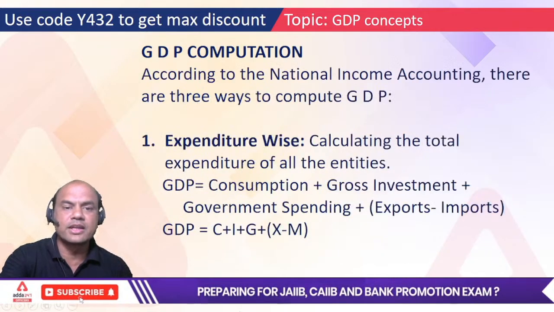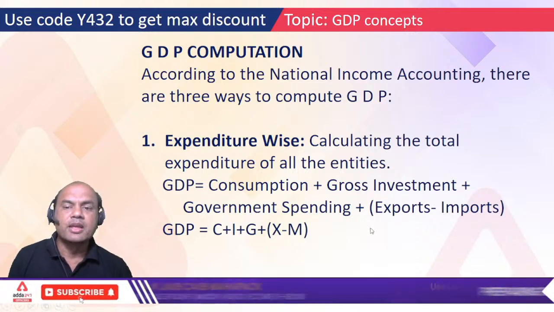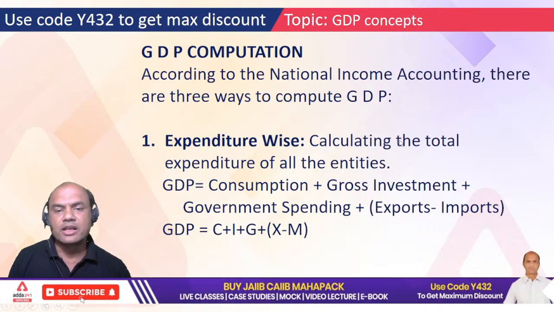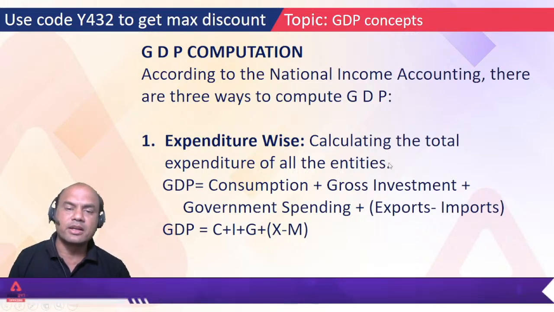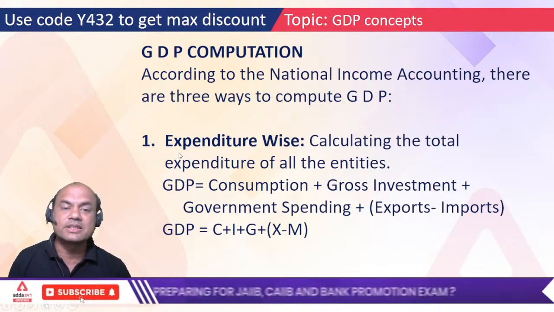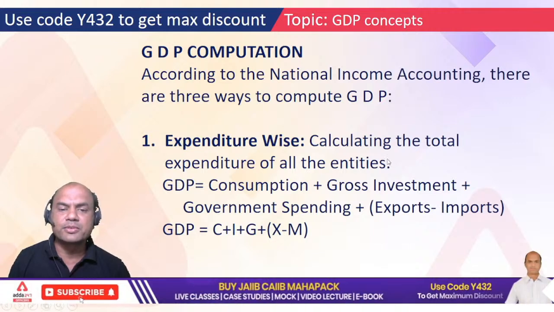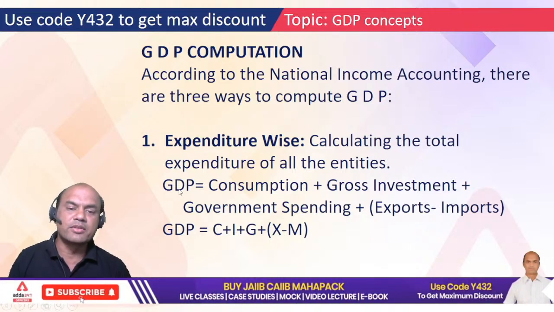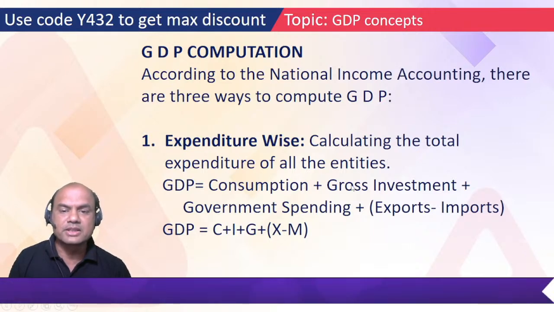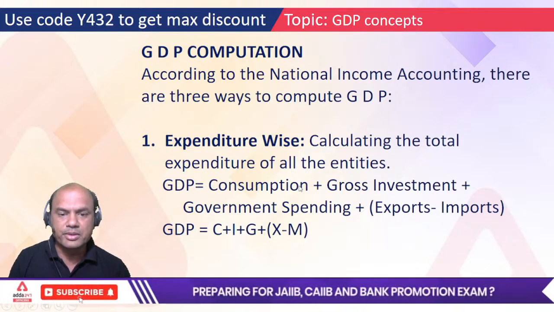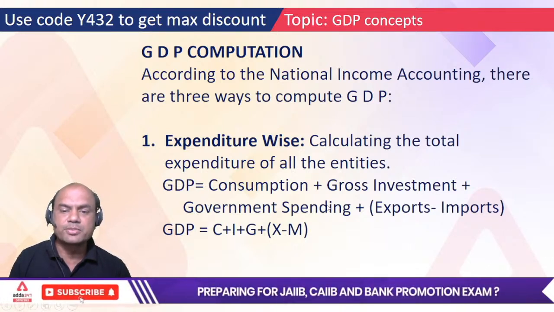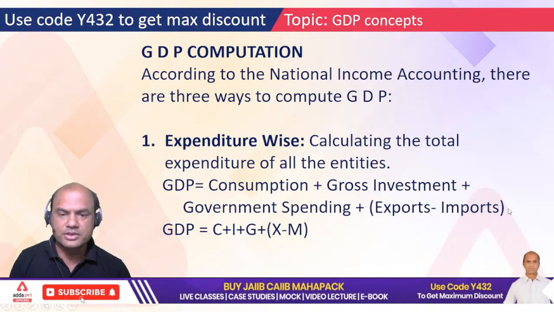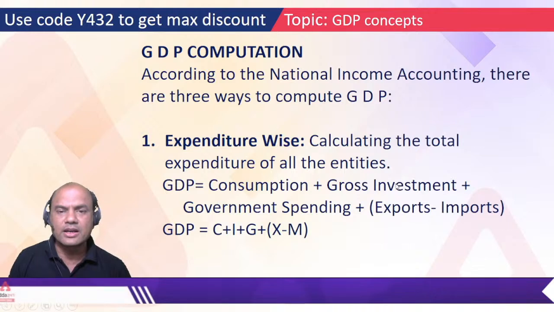So first let's study each one. Calculating expenditure wise means calculating the total expenditure of all the entities. GDP equals consumption plus gross investment plus government spending plus net of exports. Here, understand this concept.